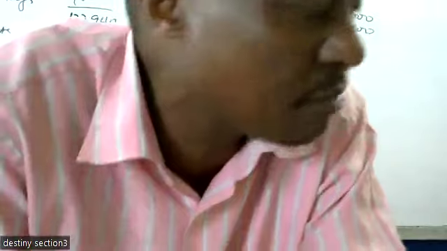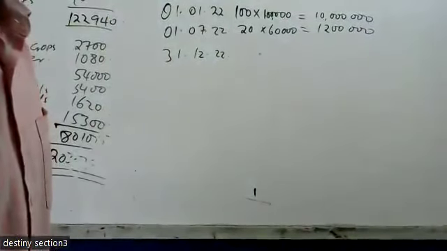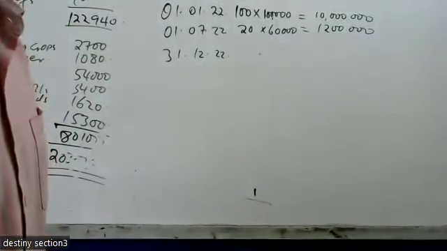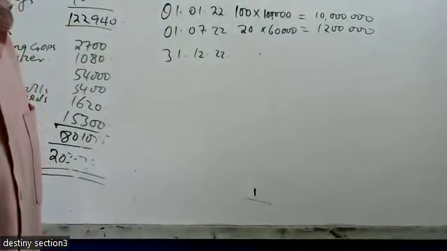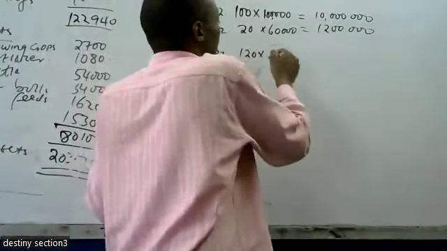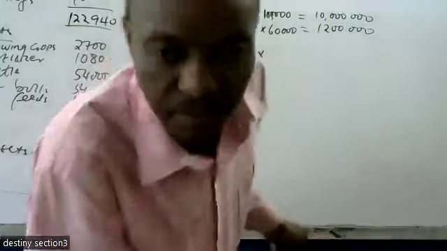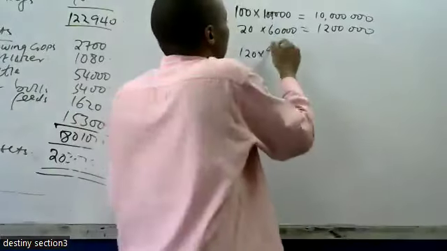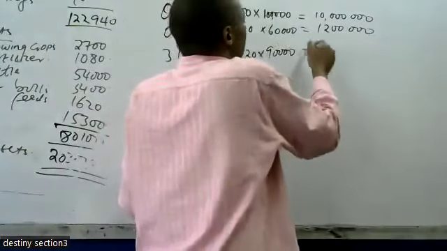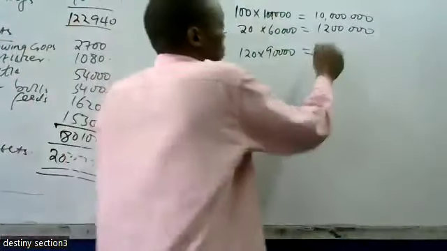So all the cows were valued at, in total, he has 120. He has 120 at a value of, is it 90,000? Yeah, 90,000 each. So this will give us how much? If you multiply, 10.8 million.